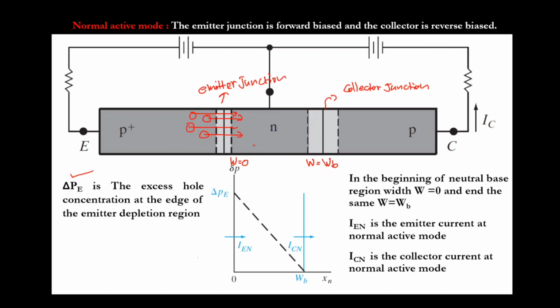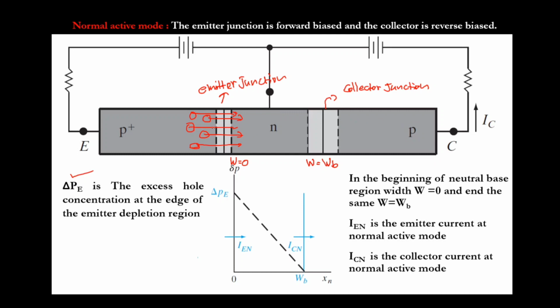At the point W equal to 0, what is the concentration of holes? Definitely more holes are injected from the highly doped P material, so in this region I can see more holes. Then the holes start diffusing slowly, reach the transition region here, and are taken towards the collector region. This moderately doped P region is going to collect the holes.